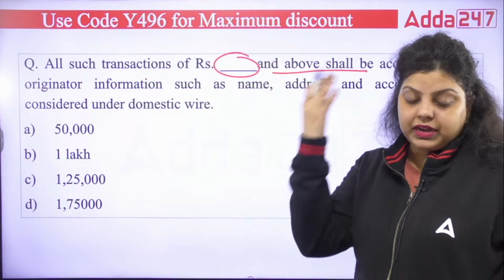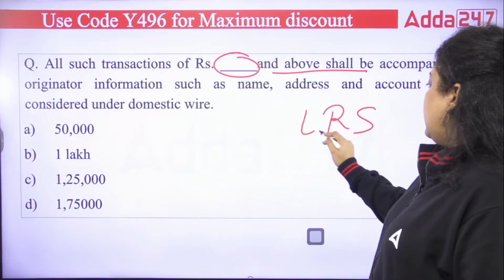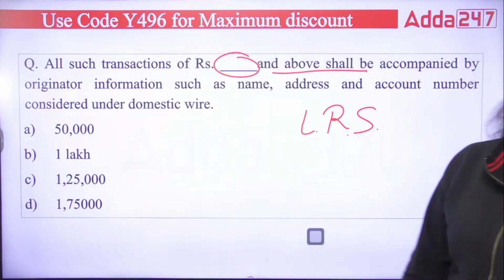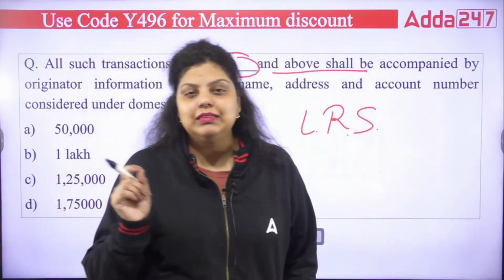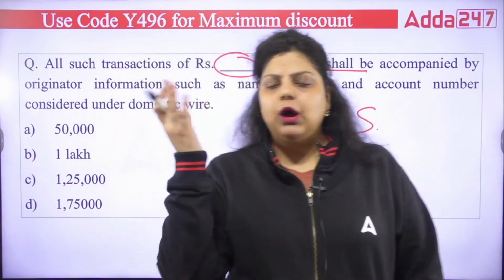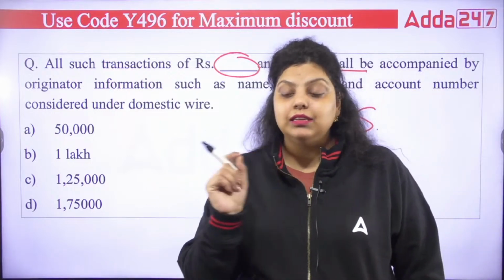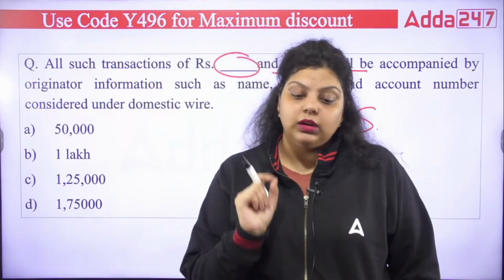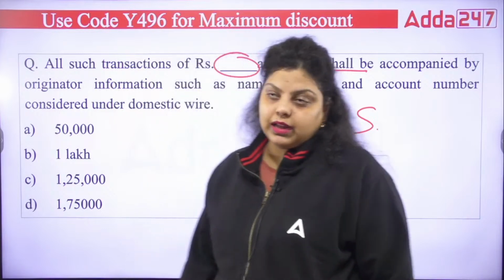I just remembered the Liberalized Remittance Scheme. Under the Liberalized Remittance Scheme, RBI allows Indians to transfer funds from India to abroad without any restriction, up to a certain amount. That is in dollars, and the amount is 1.25 lakh. Sorry, 2.5 lakh.